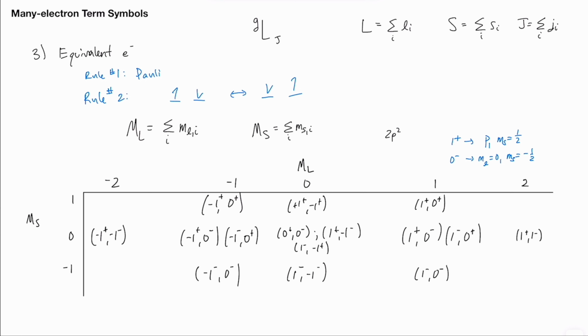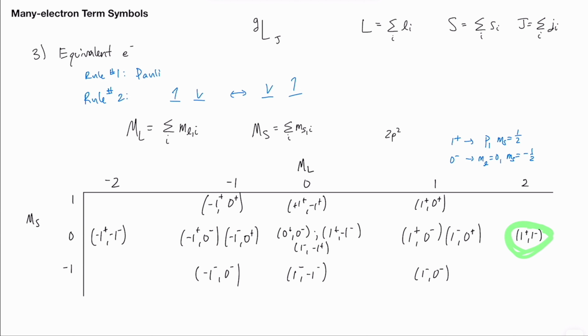So now what we're going to do is, again, basically pattern matching. We're going to go through and start looking for patterns that match what we expect for a particular value of L and S. The best way to do this is to look for the largest value of m sub L first. And here that's 2. And then look for the largest value of m sub s that has the same value of m sub L. Here, that will correspond to 0, where there's only one m sub s value.